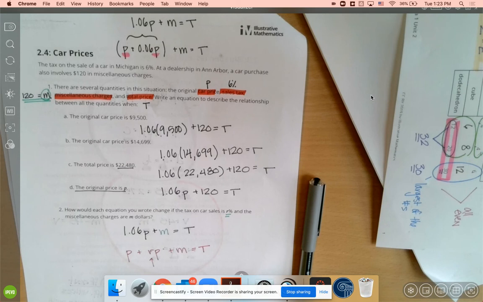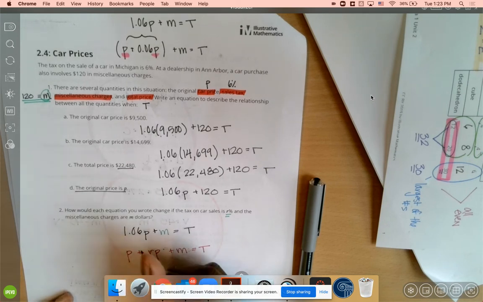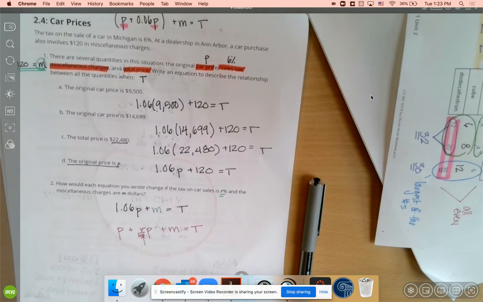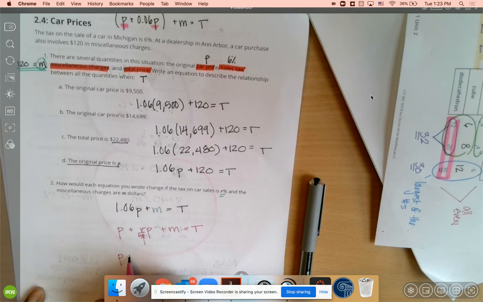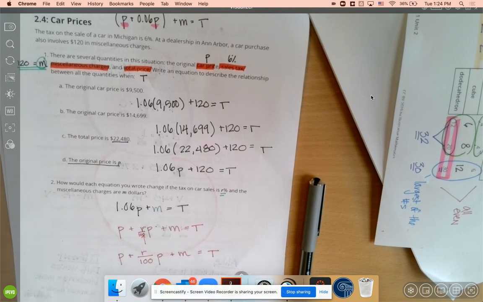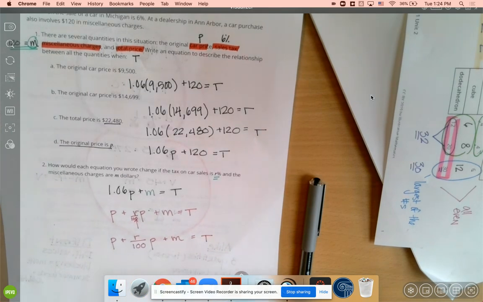And so the R would need to be divided by 100 in order to make it something I can calculate with, so that it's a decimal, not just a percent symbol. So if I didn't know the percentage or the miscellaneous fees, my equation, I'll write it again a little clearer, would be P plus R over 100 times P plus the miscellaneous charges equals the total. Again, pause here, see if you have any questions, check your work before moving on.